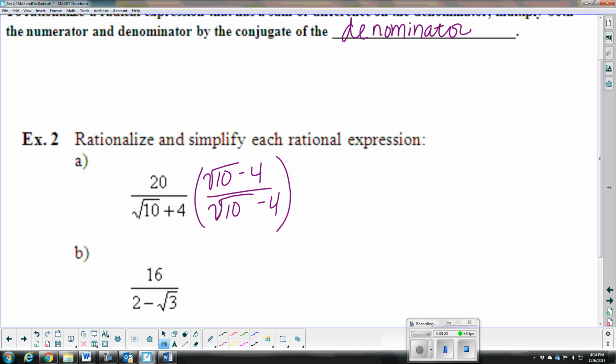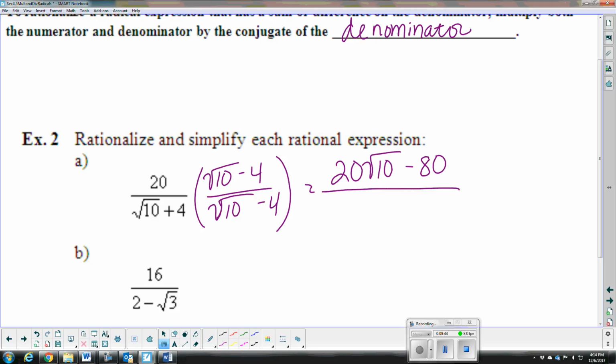So 20 times the square root, and now we have to distribute on the top and the bottom. So 20 times the square root of 10, and we'll simplify later. And then 20 times negative 4 is negative 80.